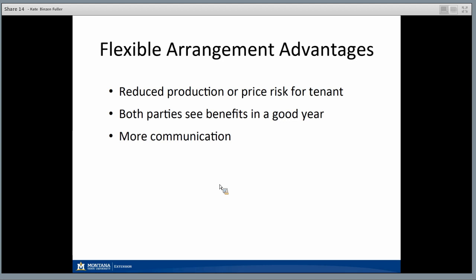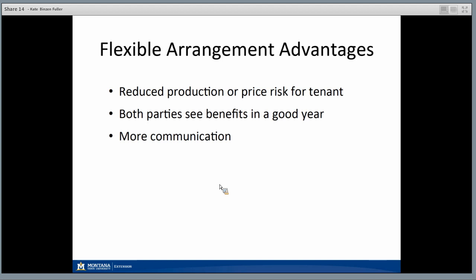So advantages for these type of leases is that you get reduced production or price risk for the tenant because they have someone to share in at least one of those risk areas. Both parties see the benefits in a good year. So if you were a landlord in say 2014 or early 2015 when those cattle prices were so great, you would get to see a bump in your lease payment.